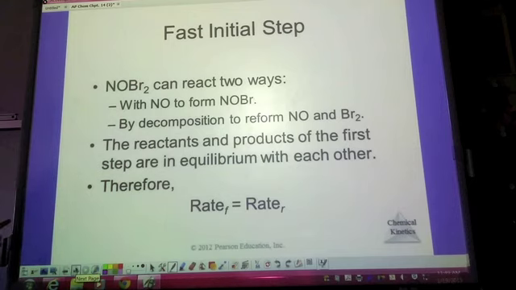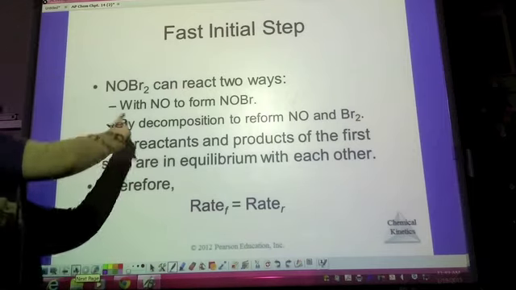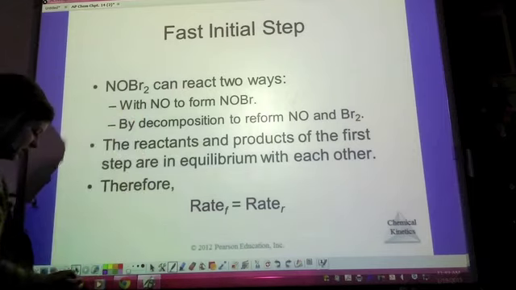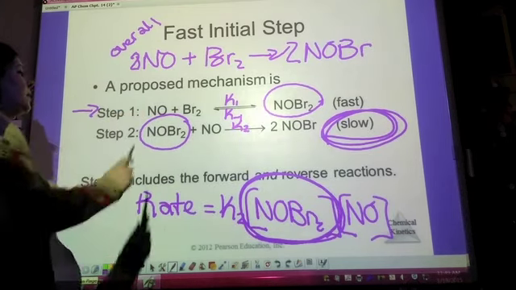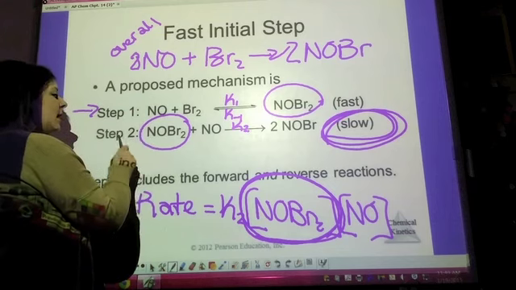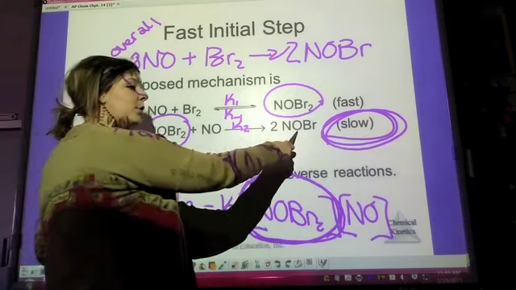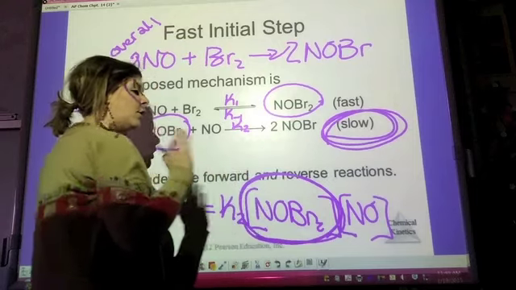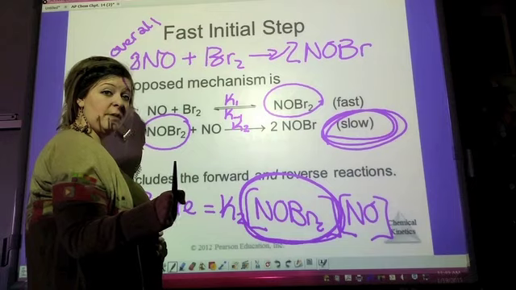I know one thing. I know that NOBr2 can react in 2 ways. If I go back to that proposed mechanism, I've already accepted NOBr2 as reacting with nitrogen monoxide to form the product that I need. But I already wrote my rate law for that here, so that's not going to help me much.